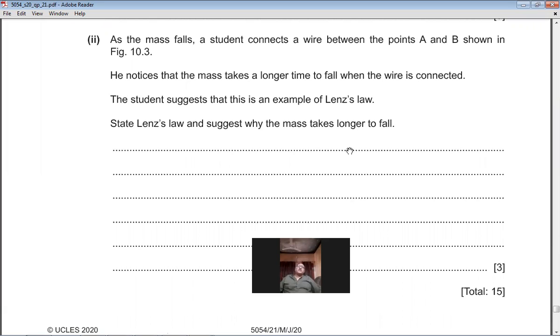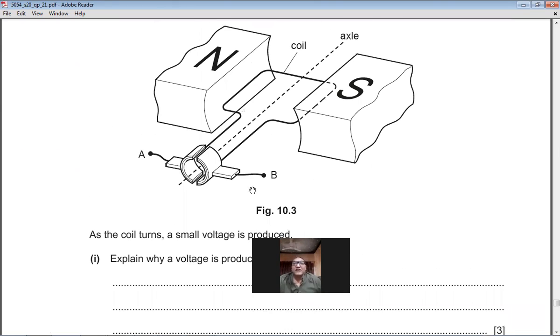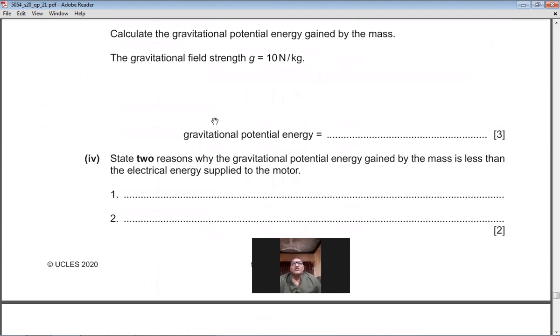The student suggests that this is an example of Lenz's law. State Lenz's law that suggests why the mass takes longer to fall. You see what he's saying. He connects A and B with each other with a wire. And then he lets that mass fall. You see this mass fall.